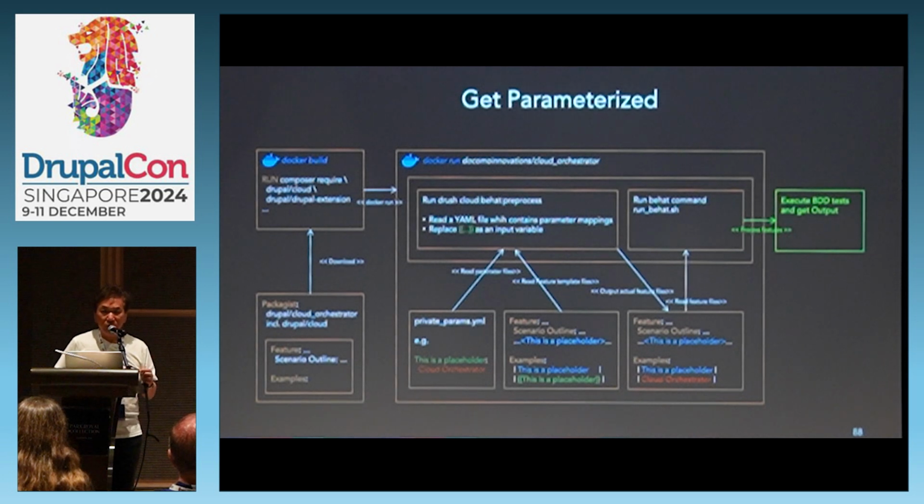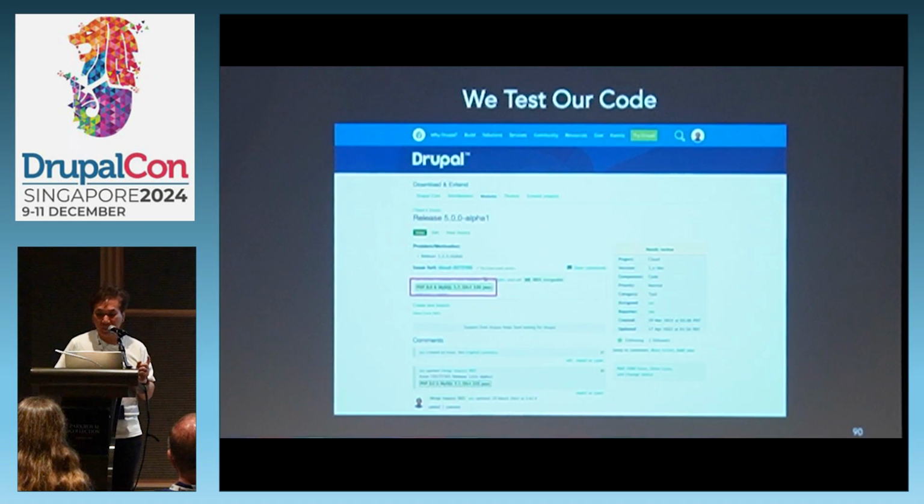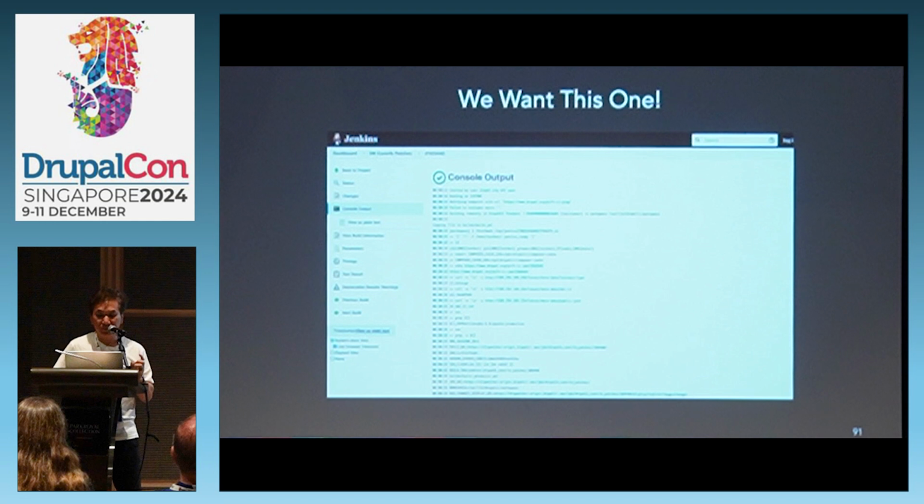Now, we want to automate the test process for daily automated testing. So we are using the GitLab CI/CD pipeline. We have already done our automated testing for TDD. Thanks to the Drupal community, we can test our code on Drupal.org every time we push the code.